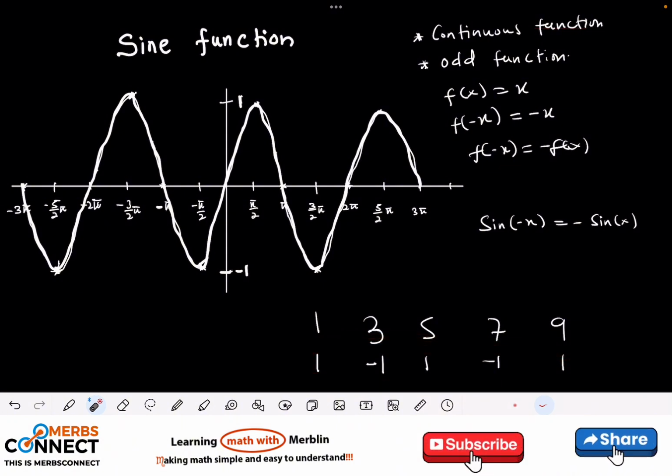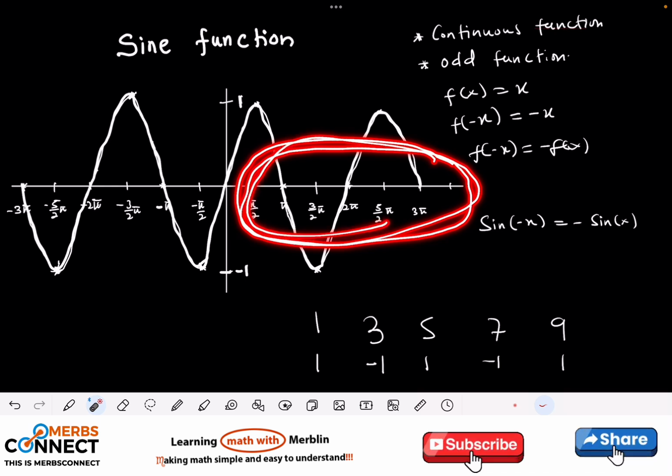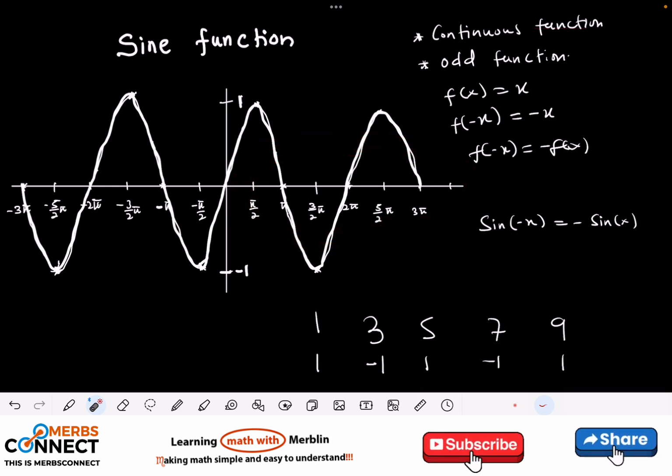Sine is a skewed function, because look here: if I plug in minus, it turns out to be the negative of that.